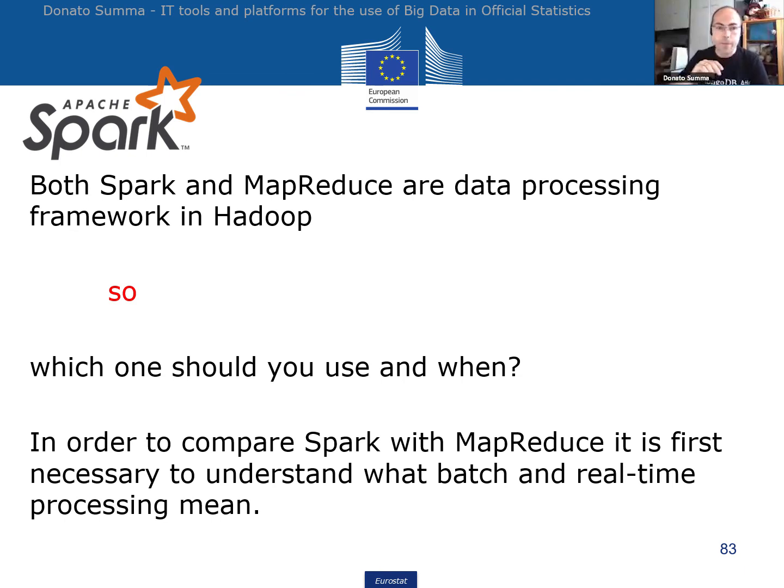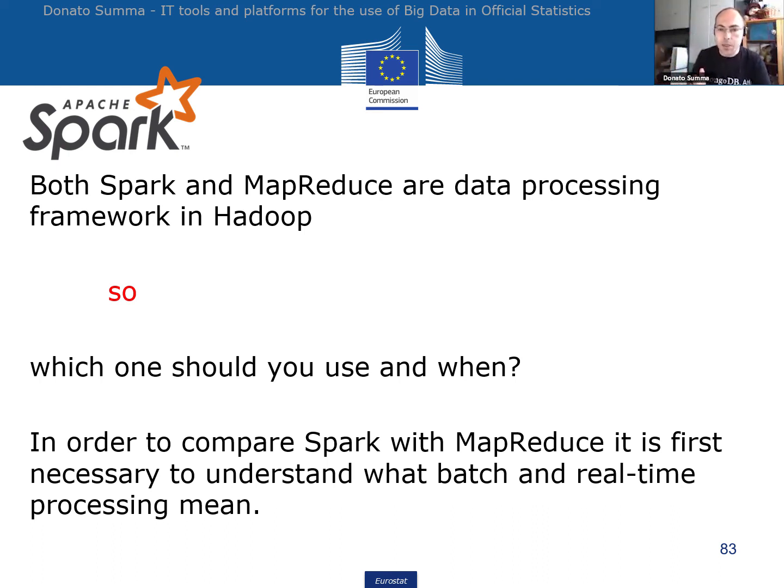Both Spark and MapReduce are data processing frameworks in Hadoop. So if both of them are basically able to do the same things, which one should we use and when?